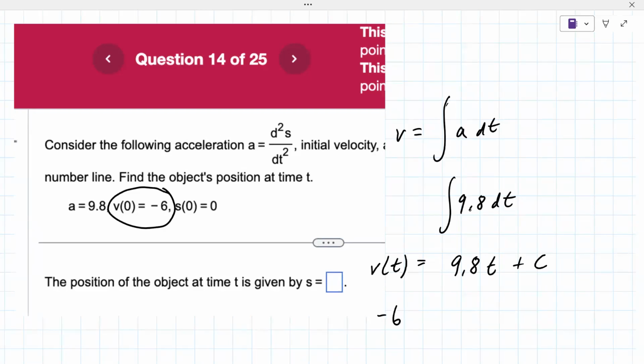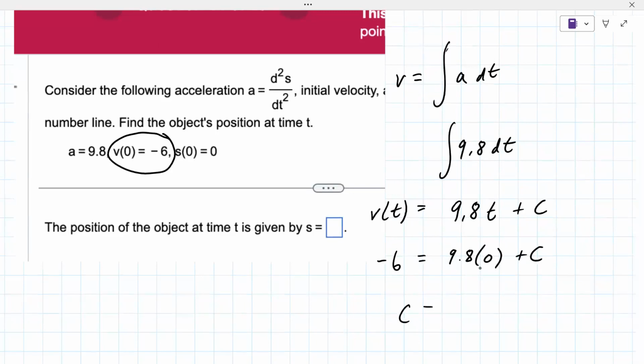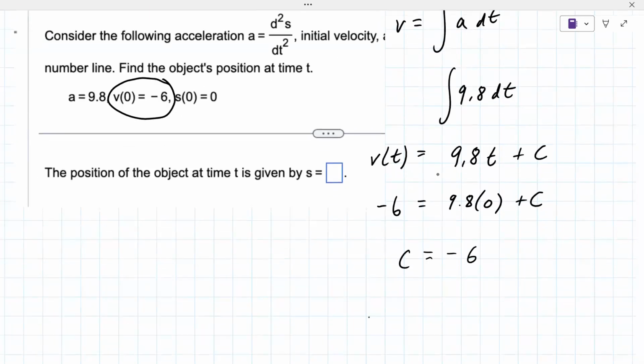So that's -6 equals 9.8 times 0 plus C. 9.8 times 0 is 0, so C equals -6. So we got V of T equals 9.8T minus 6.